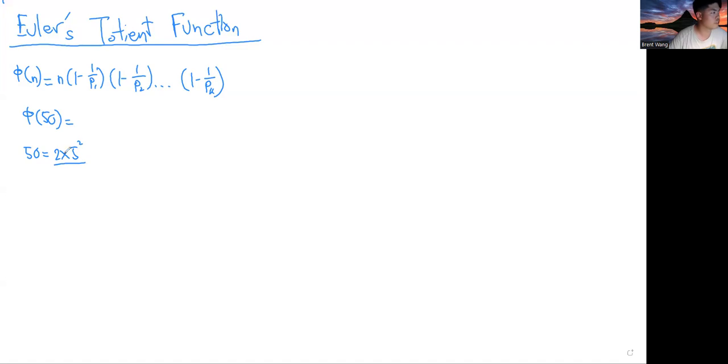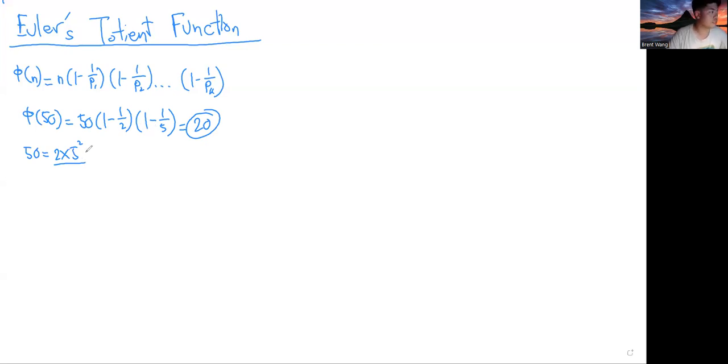So 2 and 5 are the two primes involved in making 50. It's equal to 50 times (1 minus 1 over 2), because 2 is the first prime, times (1 minus 1 over 5), and that's the second prime. 50 times a half times 4/5 is equal to 20. So there are 20 positive integers between 1 and 50 that are relatively prime to 50.